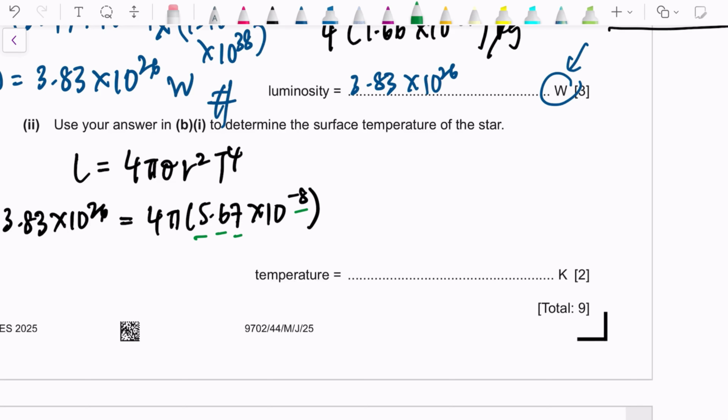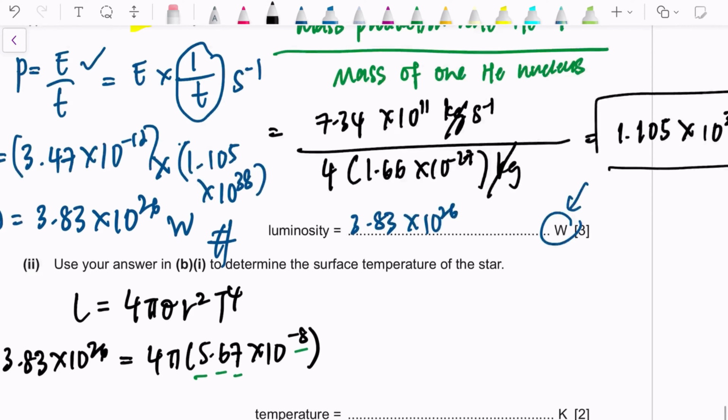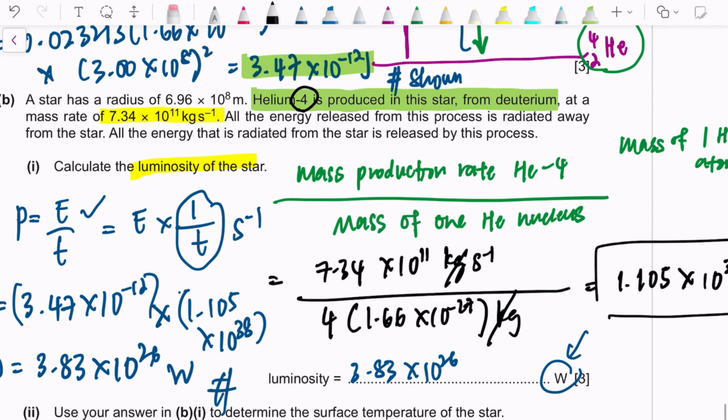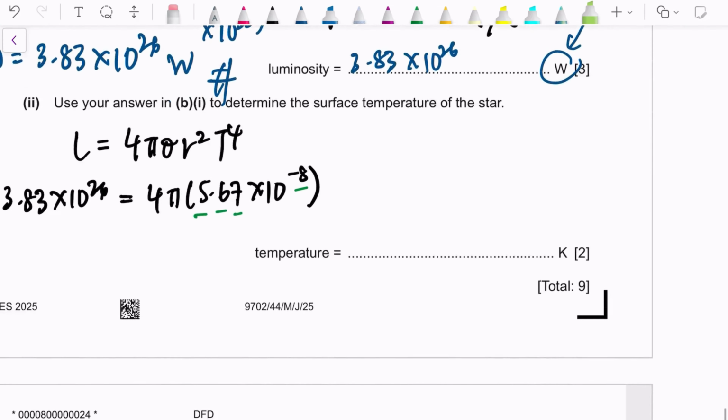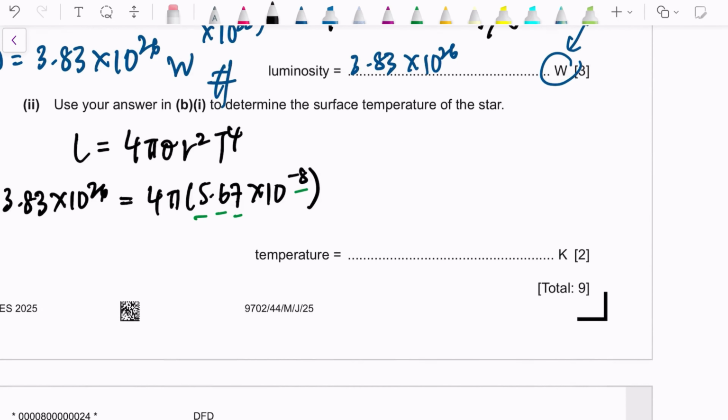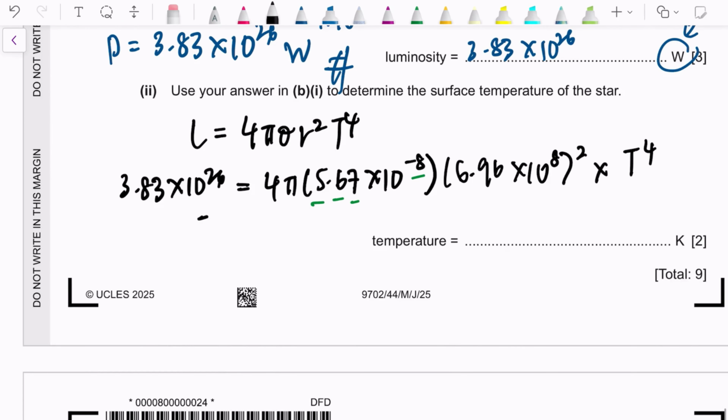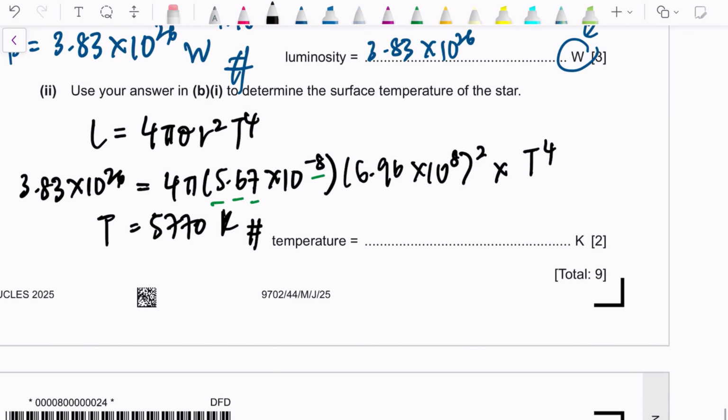Your radius is given as 6.96 times 10 to the power of 8. Always check your unit, don't underestimate that. Times T to the power of 4, which is the temperature we are finding. So you do your calculation, and you will get your T to be 5770 Kelvin. And there you go, that is your answer.